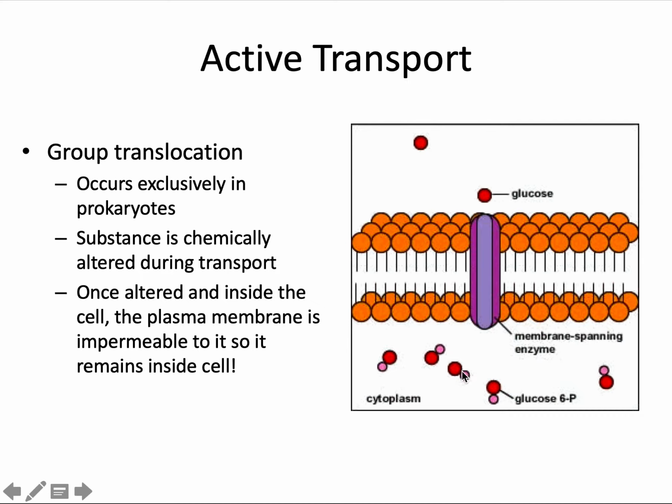The molecule changes, it's altered, and once it's altered, it cannot go back through the channel that it came through anymore. So that's how these microorganisms are able to move substances against concentration gradients and then keep them within the cell and be able to use them for their cellular activities.